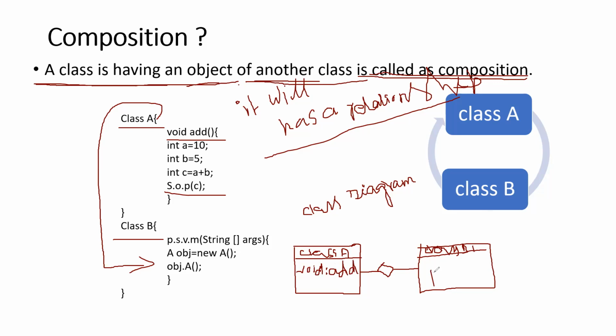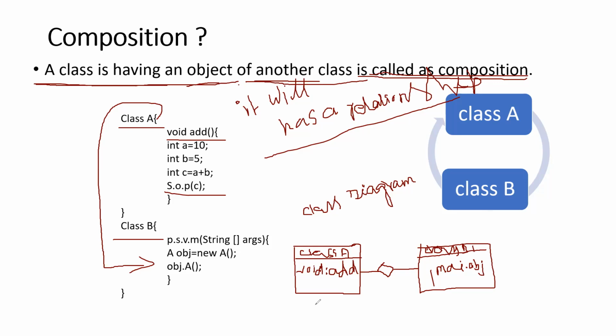And here is the main object. Make it like this. This is the class diagram.